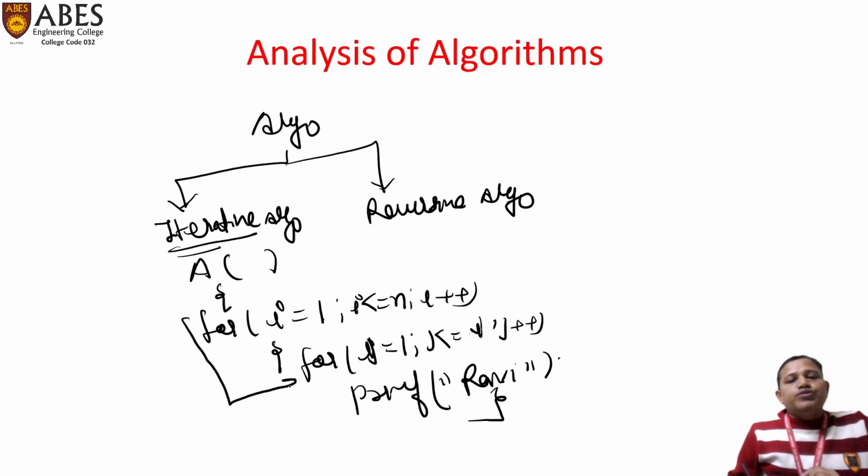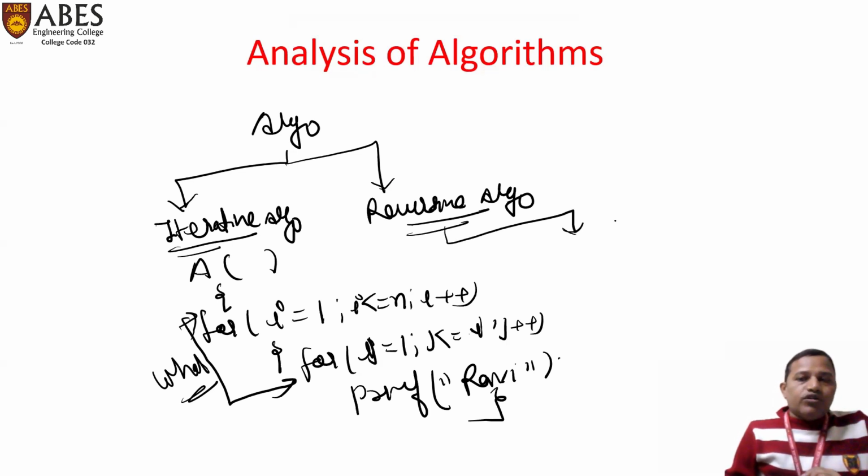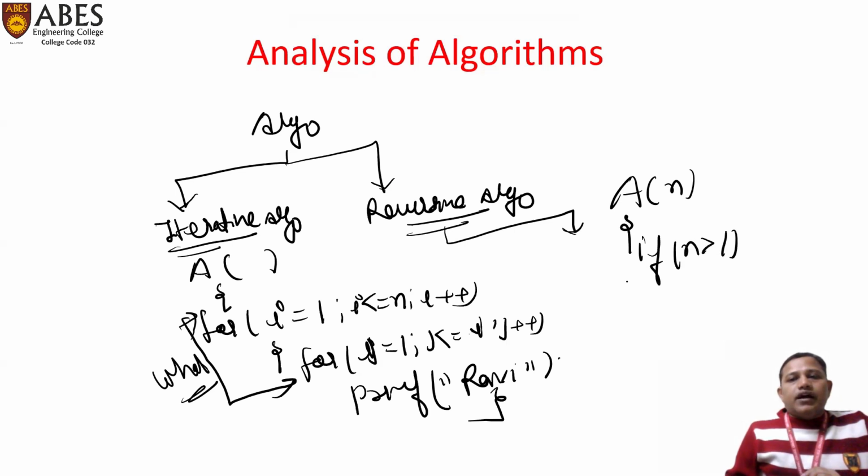Here we use loops like for loop or while loop inside the algorithm. And second one is recursive algorithm. In recursive algorithm, basically we use a recursive function. Like if there is a function A with some base condition, and then this function calls itself, then this is called recursive algorithm.